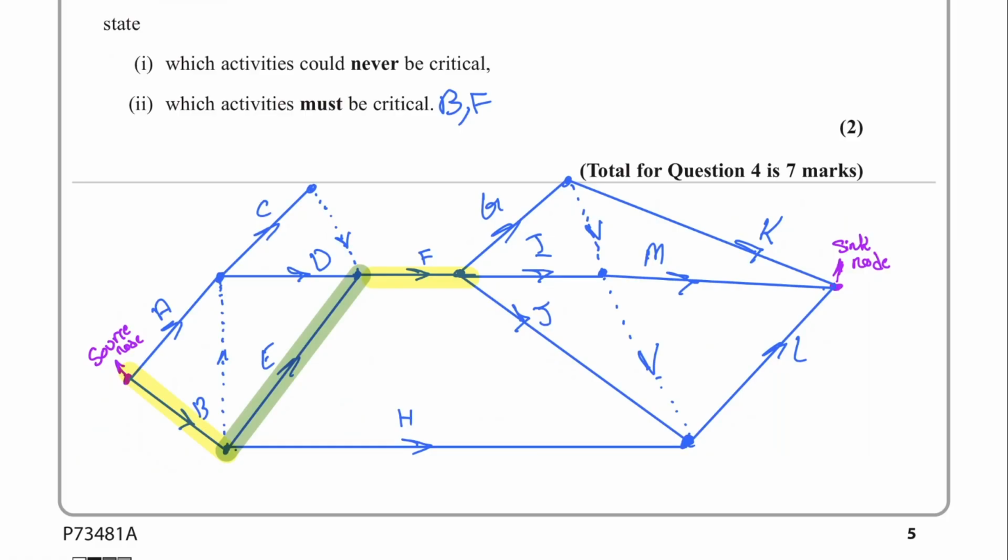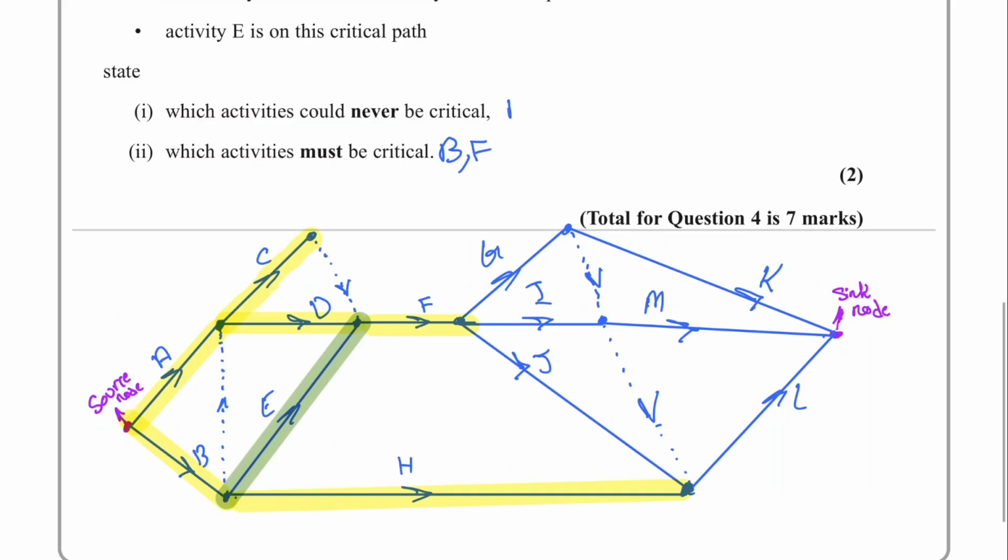The ones that cannot be critical are going to be the activities that do not have anything to do with B and F. A has nothing to do with it. C has nothing to do with it. And D has nothing to do with it. And H has nothing to do with it. So those are the activities that can never be critical.